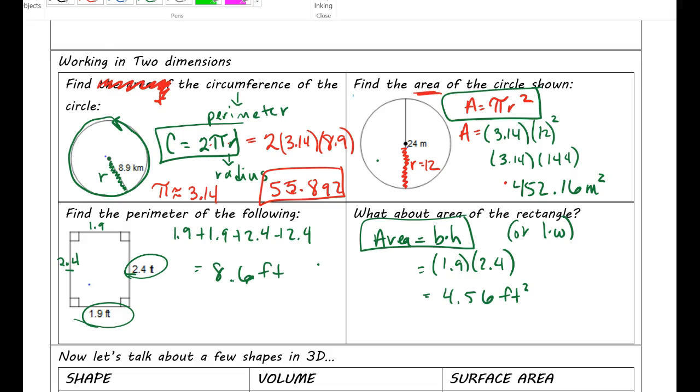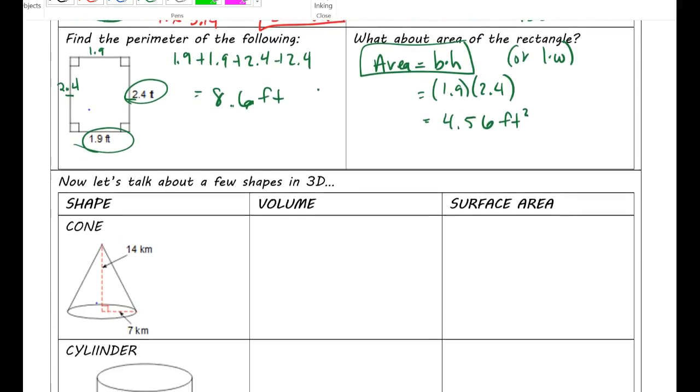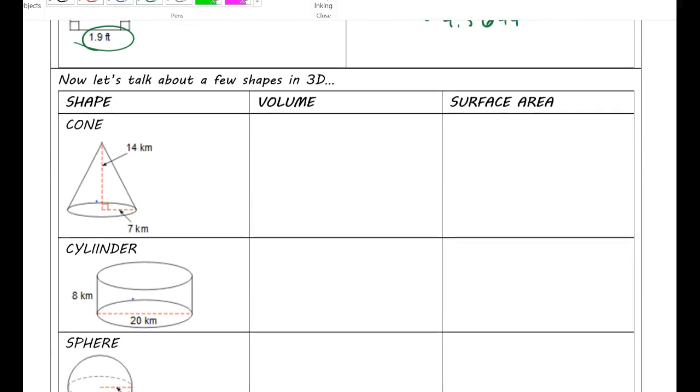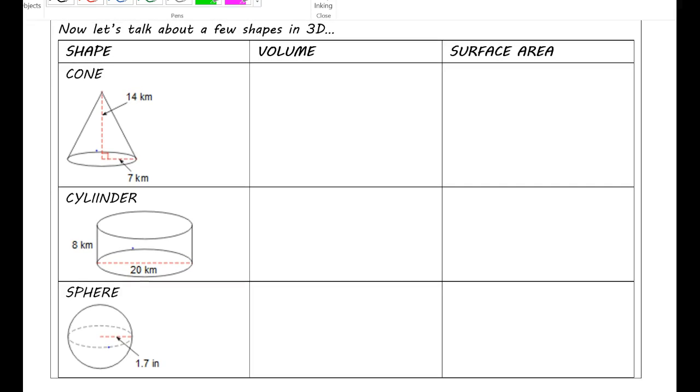Okay? So let's come down to three-dimensional space. Now 3D just means that you take a flat object and you give it height. And once you create height, you have a three-dimensional figure. This is what you see in the real world, right? Like an ice cream cone or a can of beans, I don't know, or a basketball.